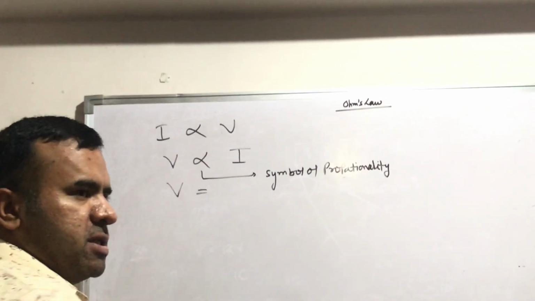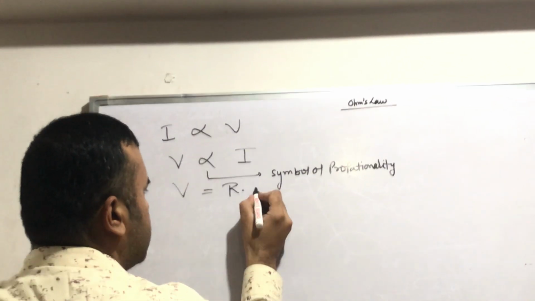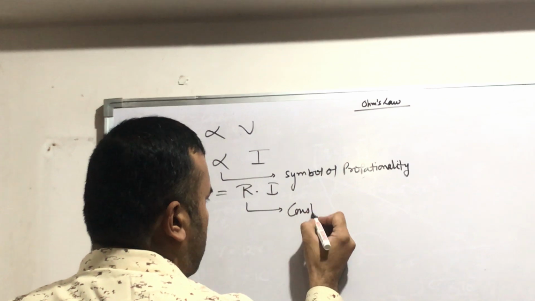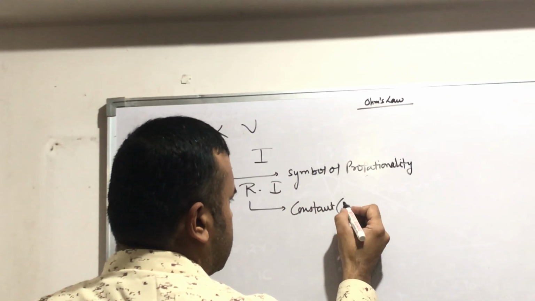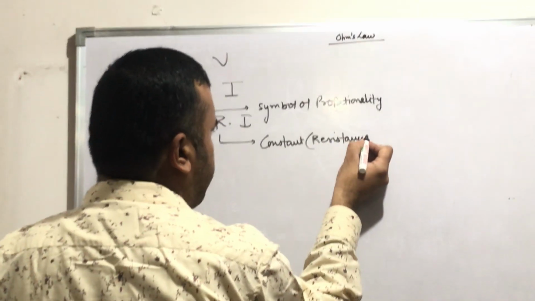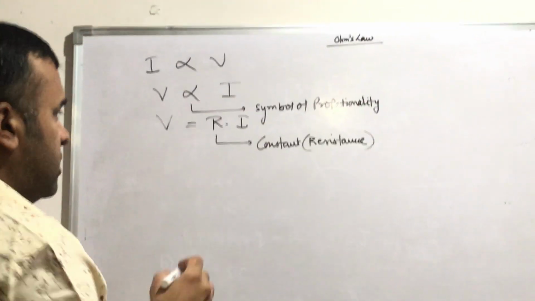If you remove this symbol of proportionality and put an equal sign, then a constant capital R will come here. It is a constant, also called resistance, and it is denoted by capital R. Small r is for radius, capital R is for resistance.